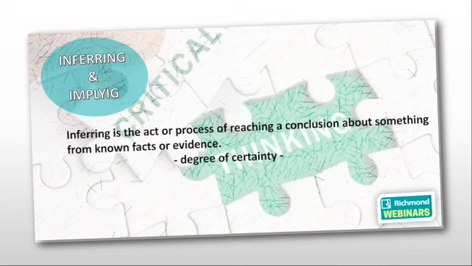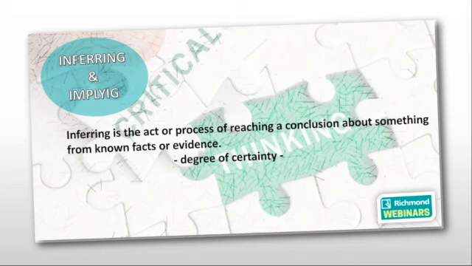Okay, let's say inferring. What's inferring? This is the act or the process of reaching a conclusion about something from known facts or evidence. And a key word here is the degree of certainty there is. So, for example, if I see that someone's wearing a sweater or someone's wearing a scarf, I would infer that, well, it must be cold, or the person must be cold because of the sweater the person is wearing.